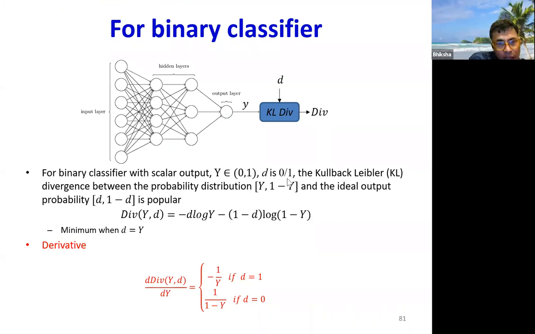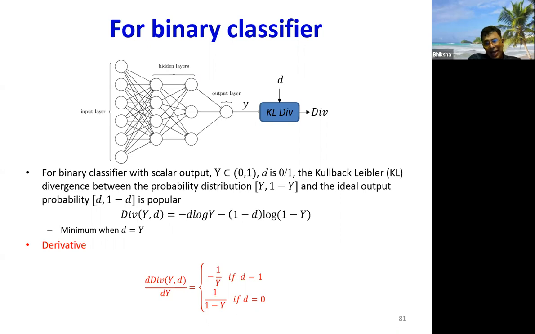And so I can think of the ideal output as this vector D, 1 minus D. For instances from the target class, this becomes 1, 0. For instances from the other class, something that is not the target class, D is going to be 0, and then 1 minus D is going to become 1. So this is going to be 0, 1.